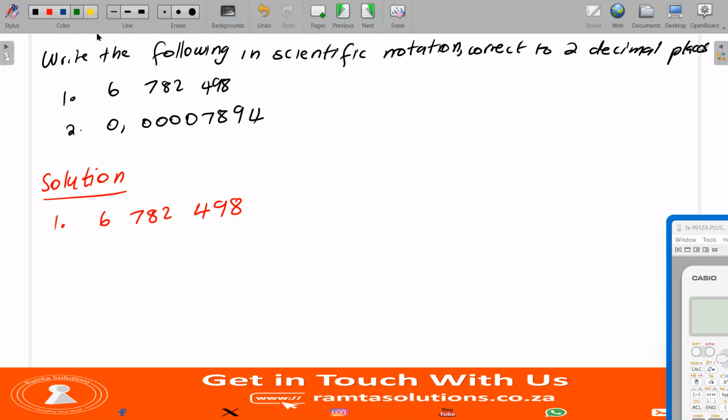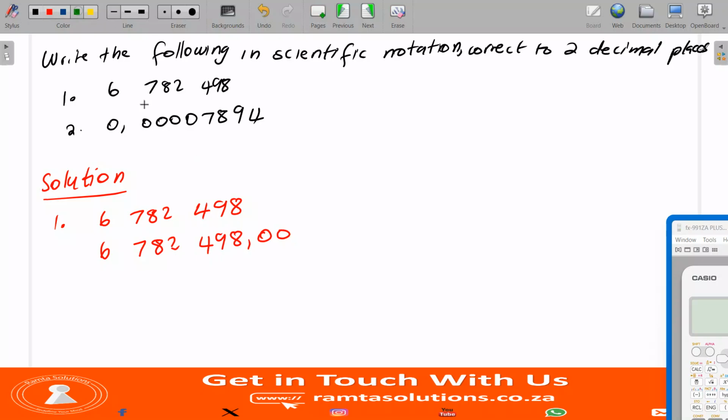This is basically the comma, where your decimals begin, because here it's comma 0000, but we don't have that. So this is the same as 6782498 comma 00 and so on.